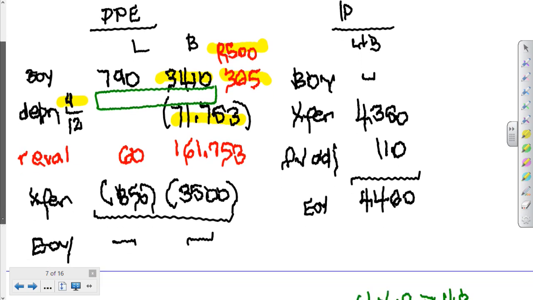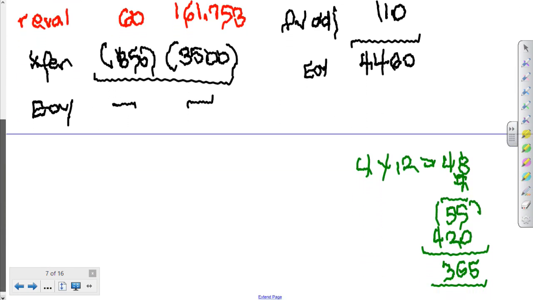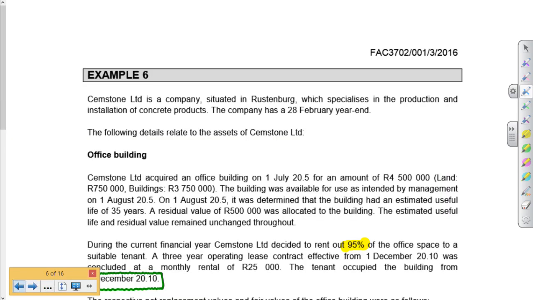So if I look at remaining life, I have to start off with the months from acquisition, from acquisition date to the first year end. Acquisition date in the question was the 1st of August.